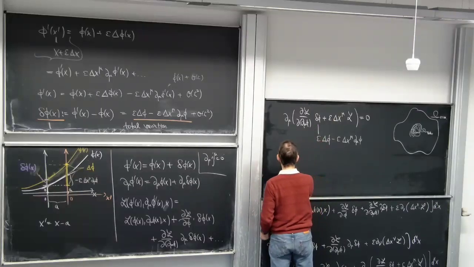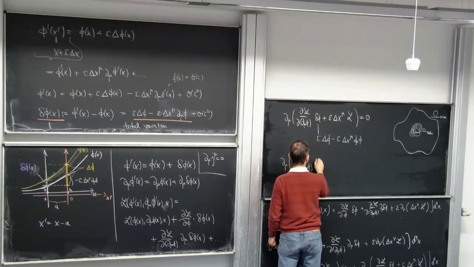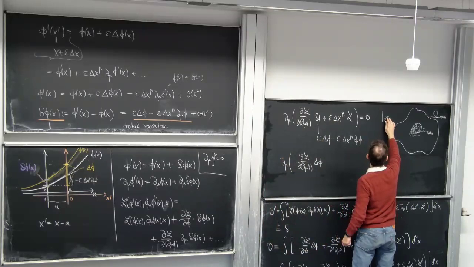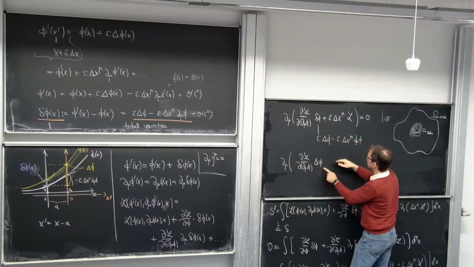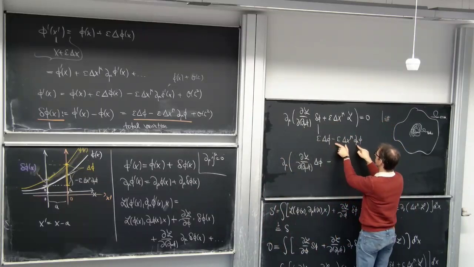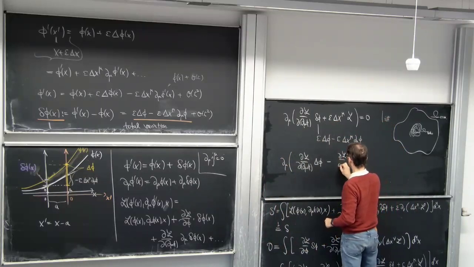The first term is d mu dL by d mu phi delta phi, right? Divide by epsilon, then we have this, and then comes minus multiplying by this object, it's dL by d mu phi.